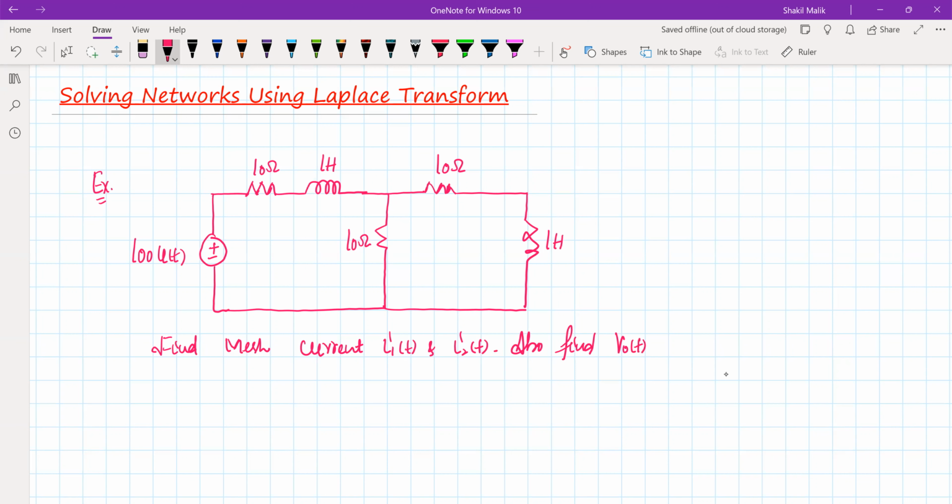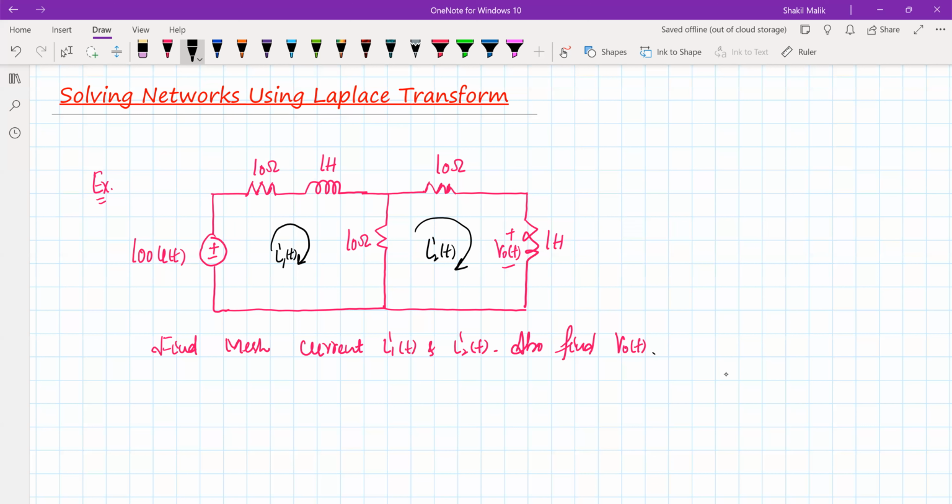So these are the quantities we have to find: the currents I1 of t, I2 of t, and V0 of t.